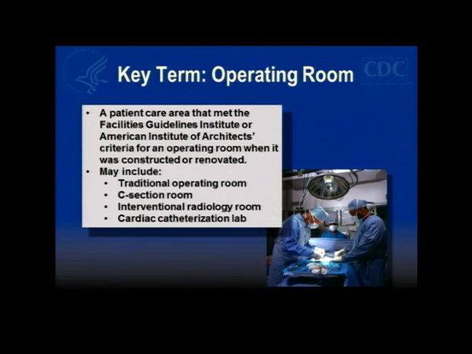Obviously that's going to include your traditional operating rooms, but it will also probably include your C-section rooms and possibly interventional radiology, although that's something you're going to have to check, and perhaps your cardiac cath lab, and maybe other places where interventions are done that are sort of like surgery or are surgery. So make sure that you understand that.